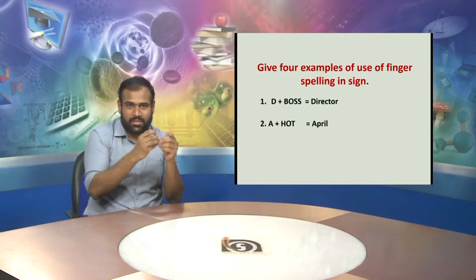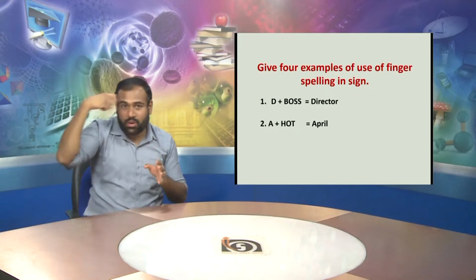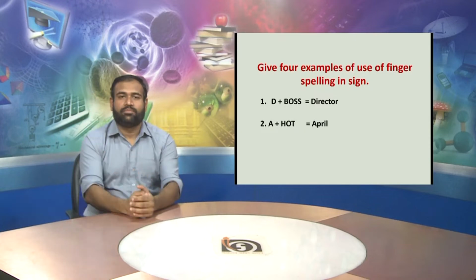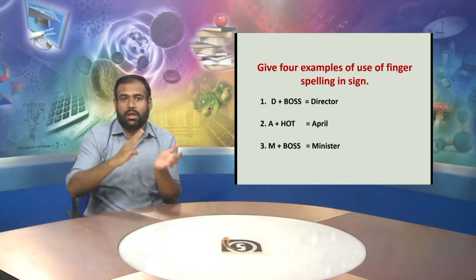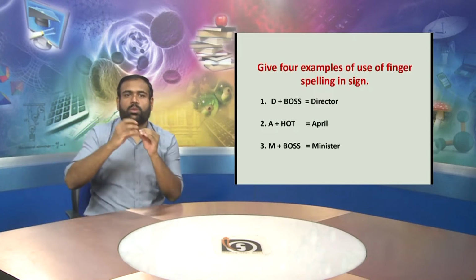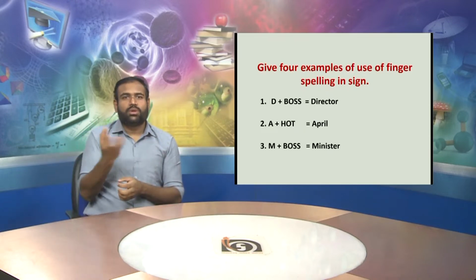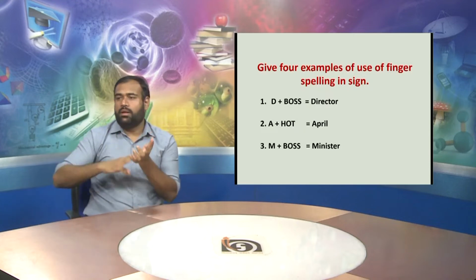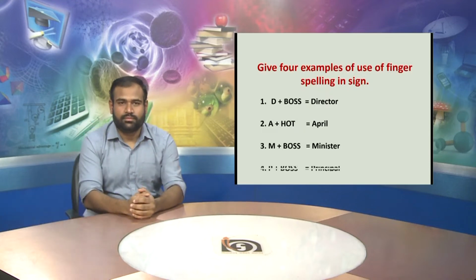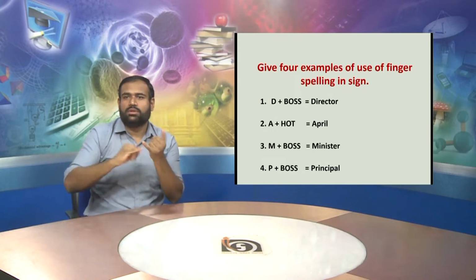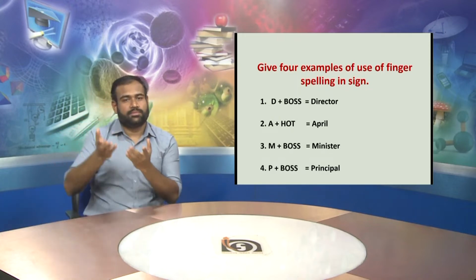Now this is the sign for April, A plus hot. This is the sign for minister, M plus boss. Then P plus boss is the sign for principal.